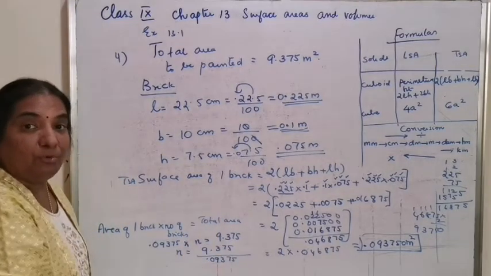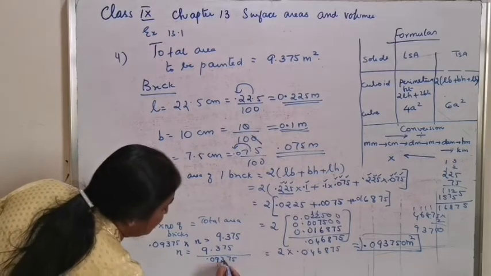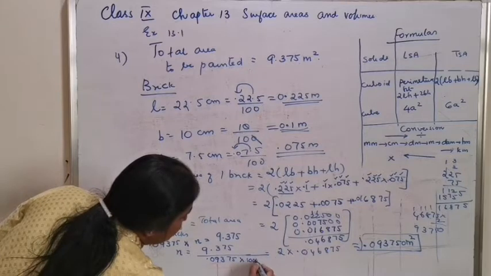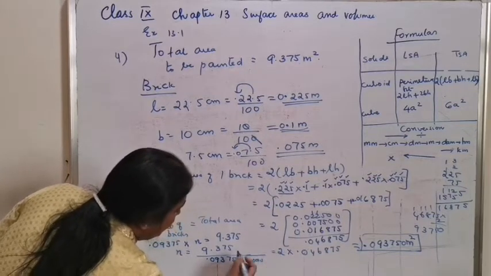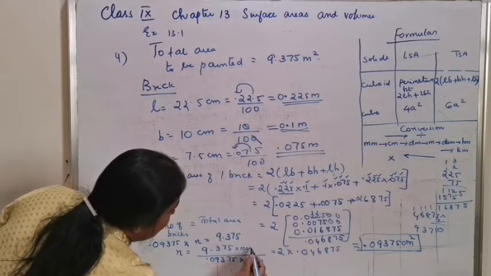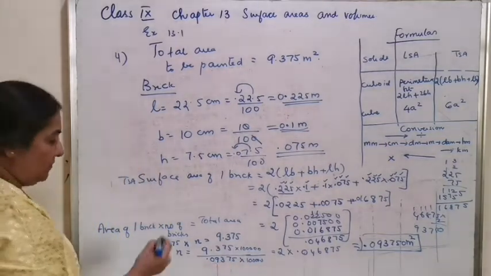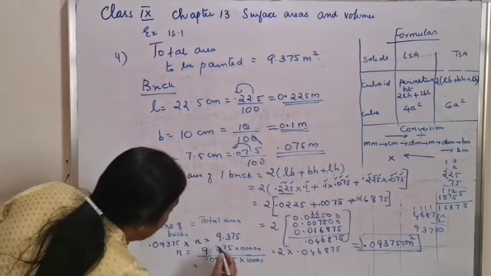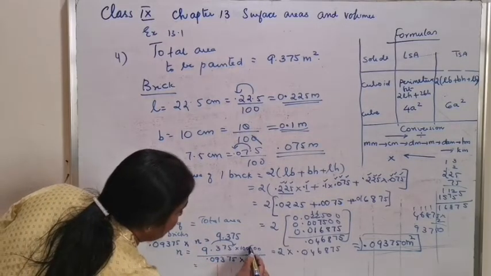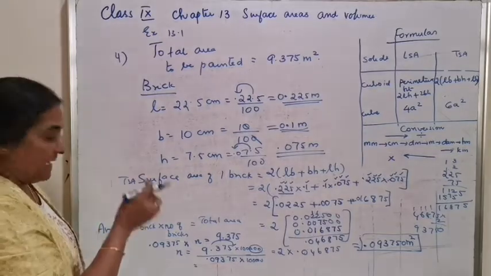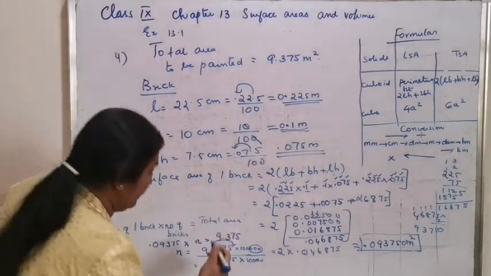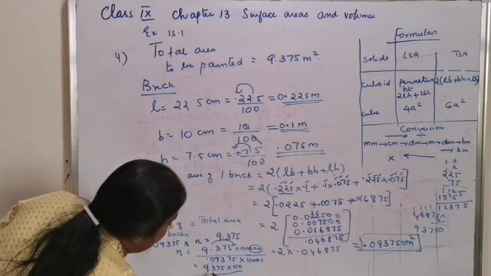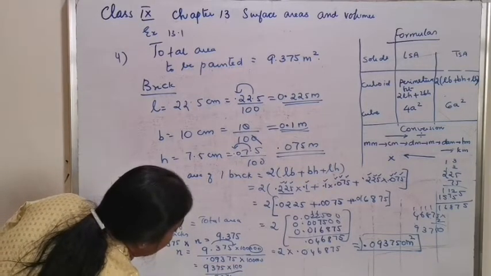How to remove the decimal? Again 1, 2, 3, 4, 5 places in both. Now with the 3 decimal places and the 3 zeros, it becomes 9,375 into 100 by denominator 9,375.